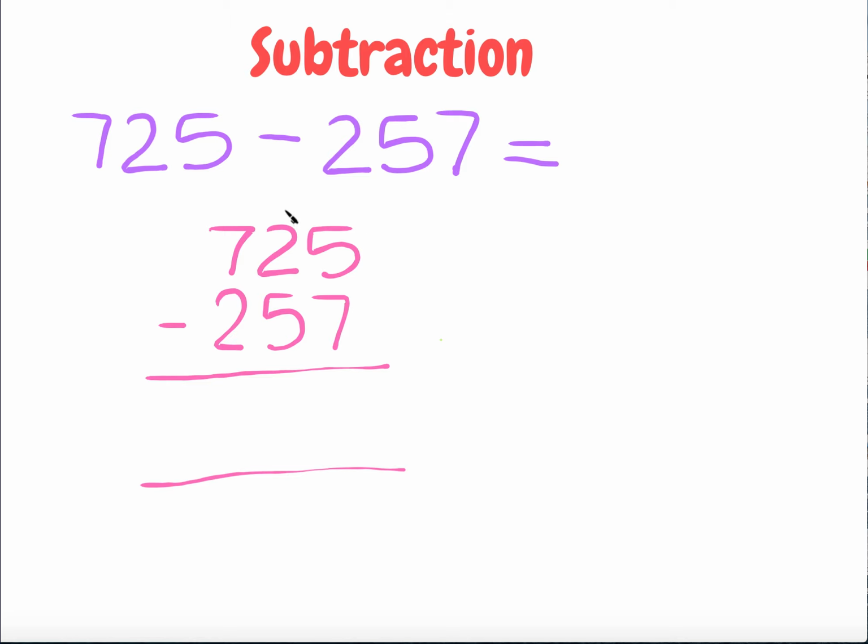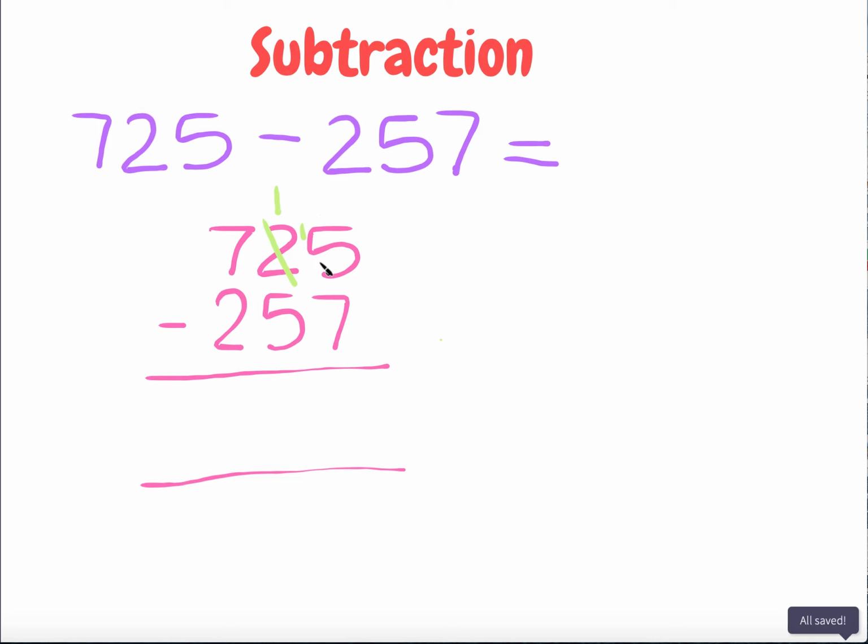So you have to borrow from the tens unit, from the next number from there, okay? So you have to borrow 1. So now the 2 becomes a 1 and the tens 1 goes in front of the 5.